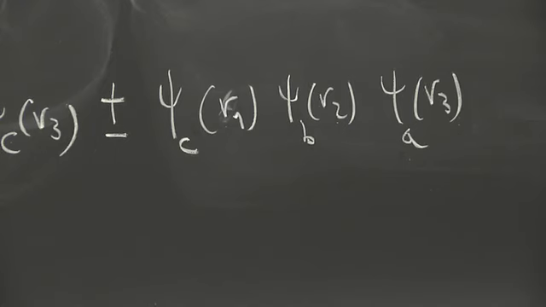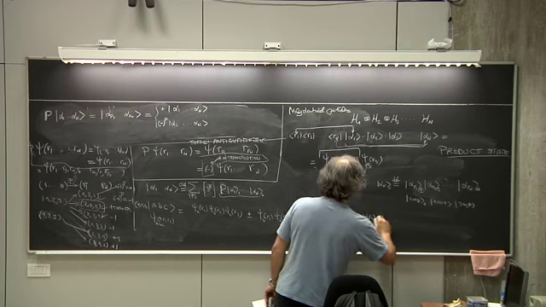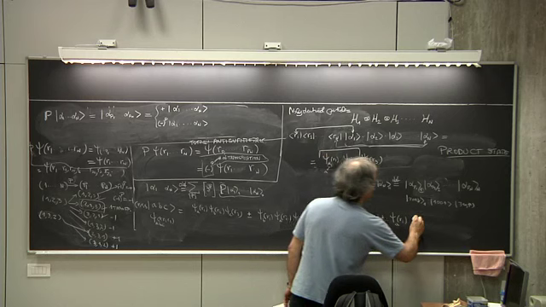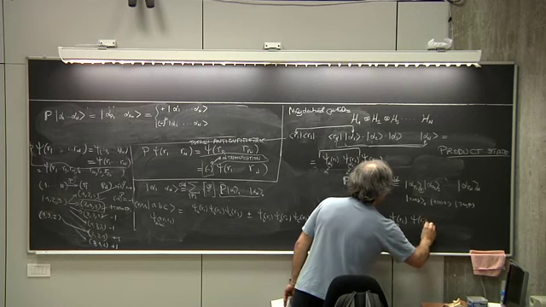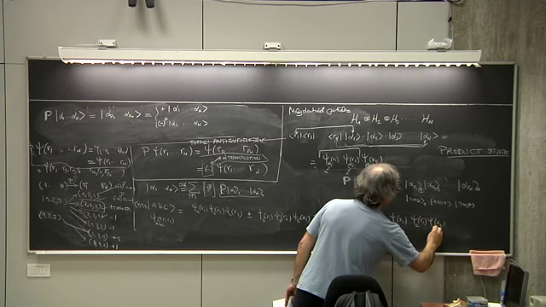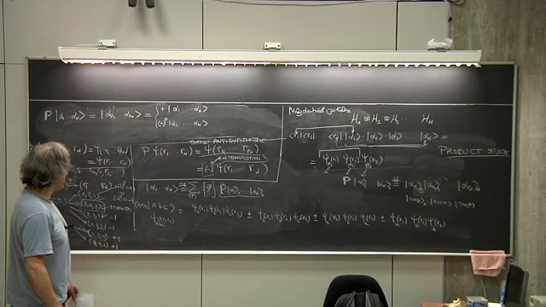I've done this, I've done this, I've done this. 1 stays fixed, and 3 and 2 exchange their label. So again, plus or minus. So 1 remains in A, and 2 gets C, and 3 gets B. And I have done 4 of them.